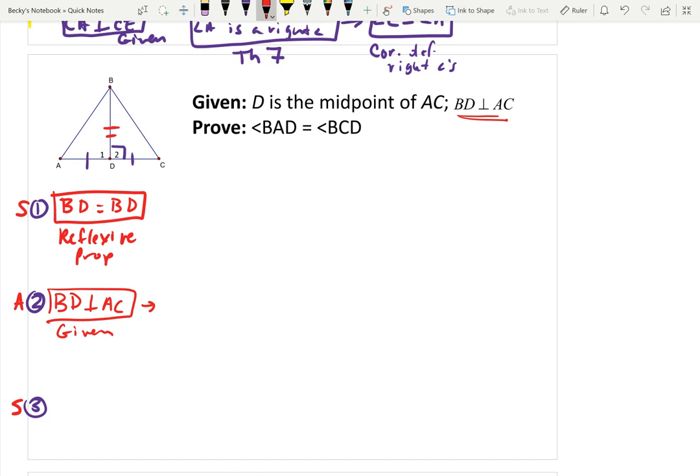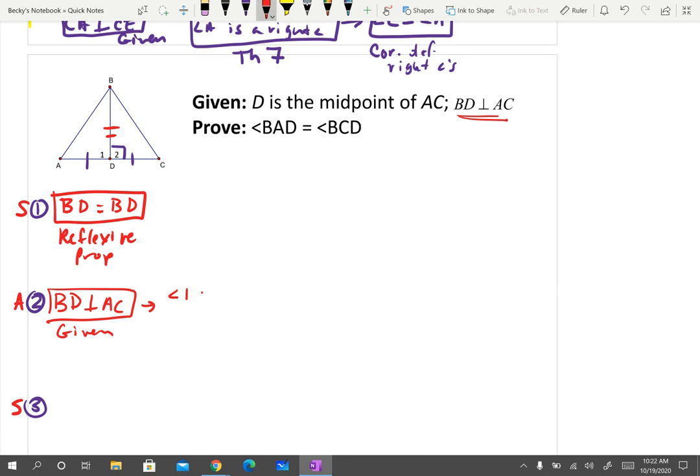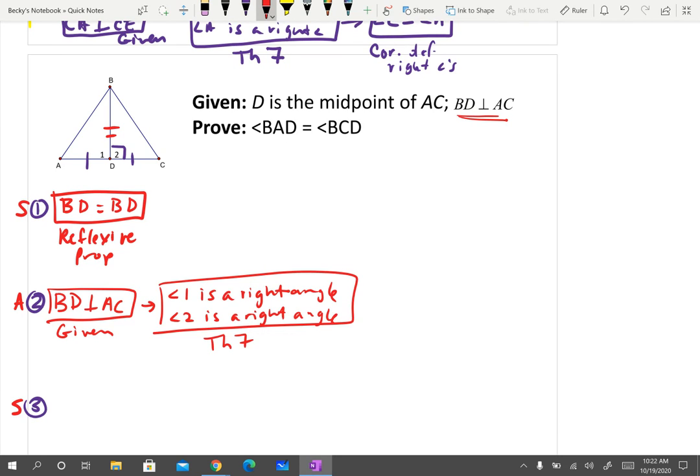Now I'm going to call this angle 1 and angle 2 just to make life easier. Angle 1 is a right angle, and angle 2 is a right angle. So I'm going to box it up. And again, how do I know they're right angles? Because of Theorem 7. Theorem 7 says perpendicular lines form right angles.